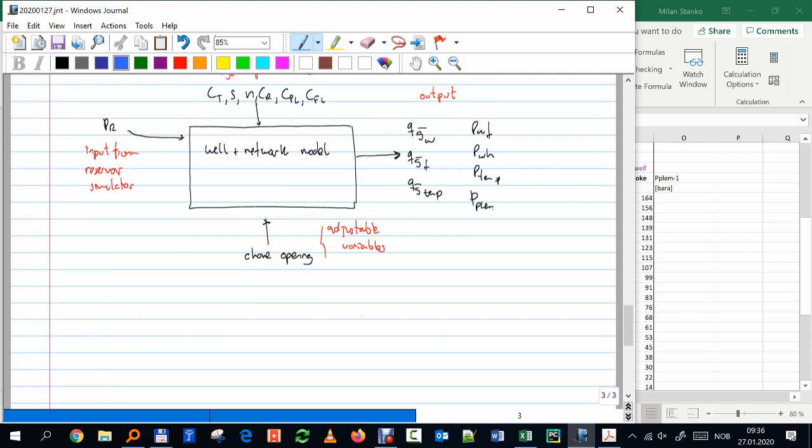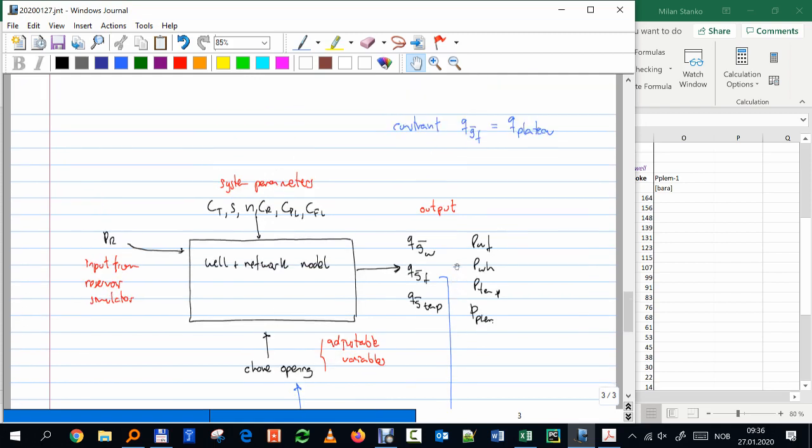It will change this value, change the opening and read this Q of the field. And that's a solver. It will, for example, use 30%, see how much rate you have, and see if it's equal to your plateau. The plateau should be here actually.